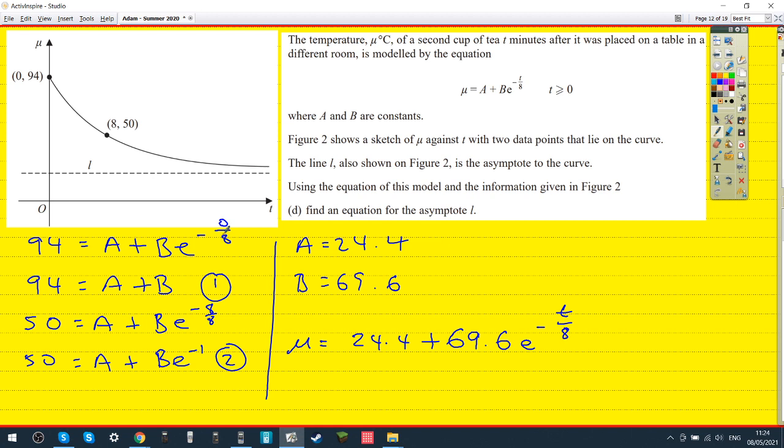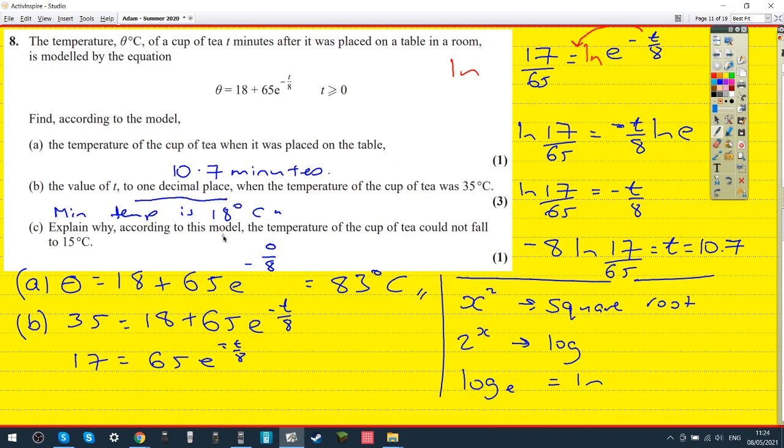If you were to draw a graph for it, any idea what the equation of the asymptote would be?